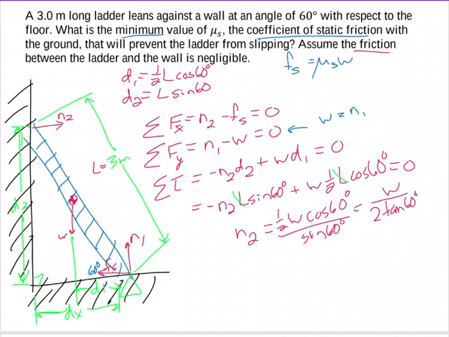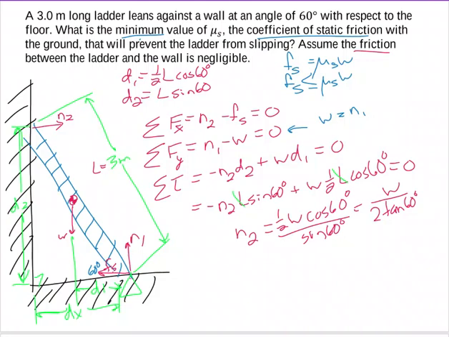It's going to increase up until the breaking point, and then we're going to have kinetic friction as the ladder slides, right? So I'm going to rewrite this: F sub s is actually going to be less than or equal to whatever the mu sub s weight is. If we think about it that way, then we can talk about minimum value, okay? Not that it matters a whole lot, but that's sort of the reality of what's going on here.